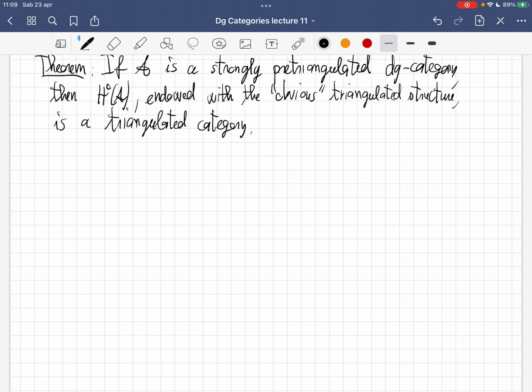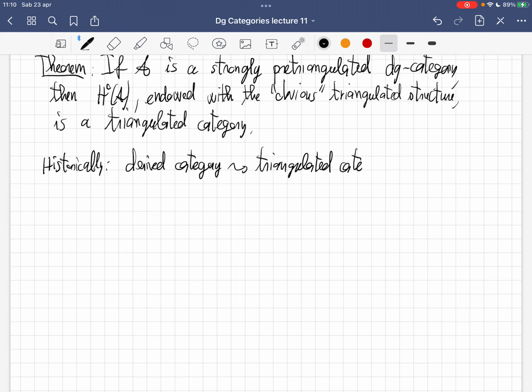Okay, then I can say something more from a philosophical point of view. As I said, historically, first you had triangulated categories. Well, let's say that actually in the very beginning you had derived categories, and almost immediately they were understood as triangulated categories.